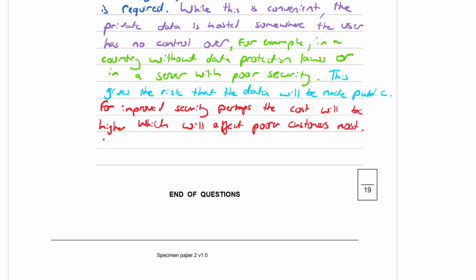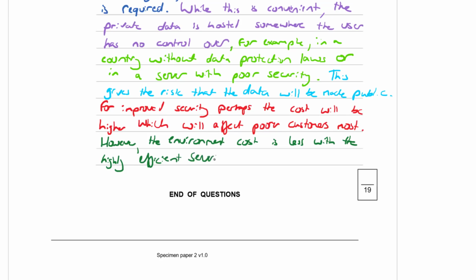But then to wrap it up, we could say, however, for environmental cost, to try and vaguely link that together, environmental cost is less with the highly efficient servers than individual storage would be collectively.